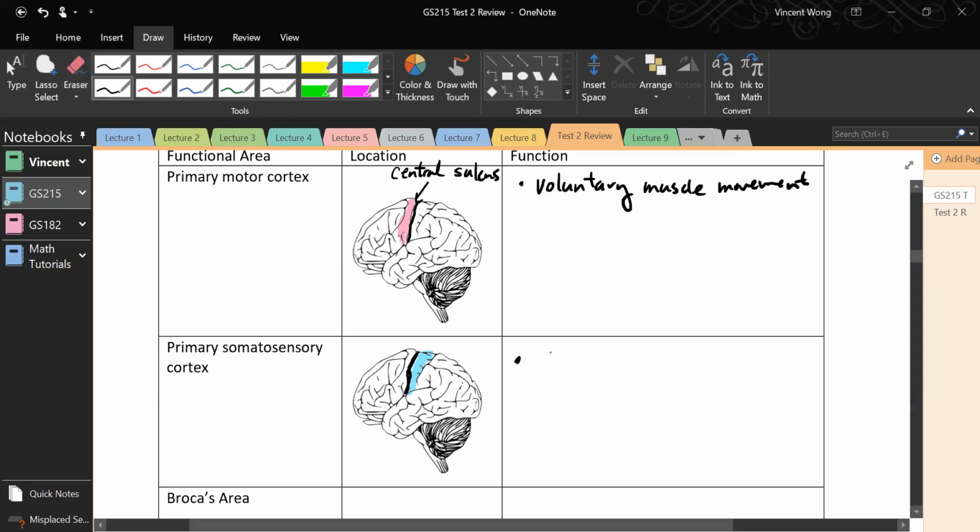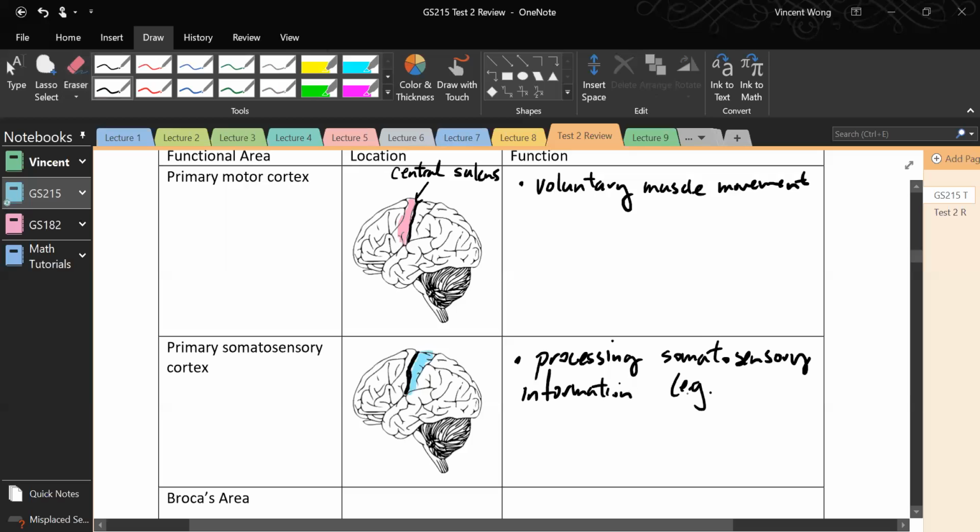Okay, that is for processing somatosensory information.